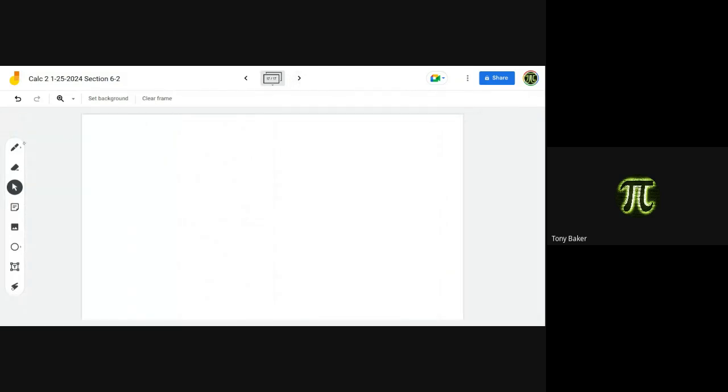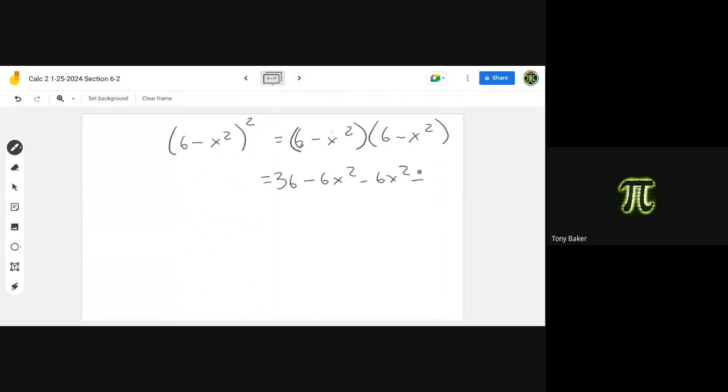So when you FOIL out 6 minus x squared, the inner and the outer is 6 times x squared. Every other one we've done has just been 2x squared because it's been a 1 you've been multiplying by.